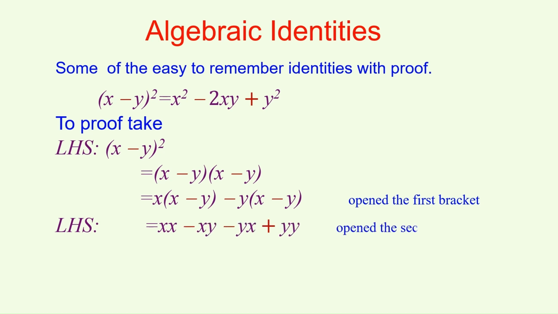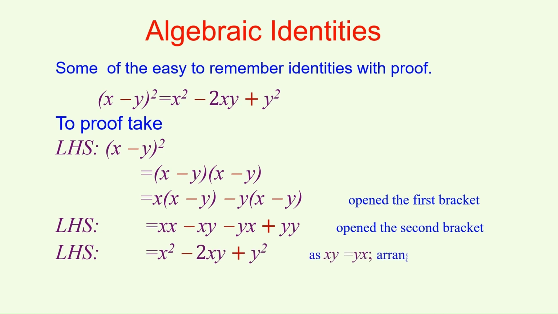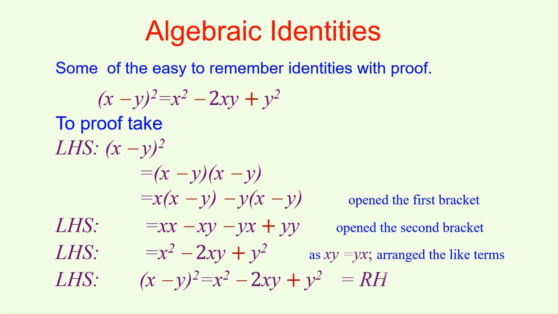Left side equals x times x minus x times y minus y times x plus y times y after opening the second bracket. Now equals x squared minus 2xy plus y squared, as xy equals yx, arranging the like terms. Left side, x minus y whole squared, equals x squared minus 2xy plus y squared, equals the right-hand side.